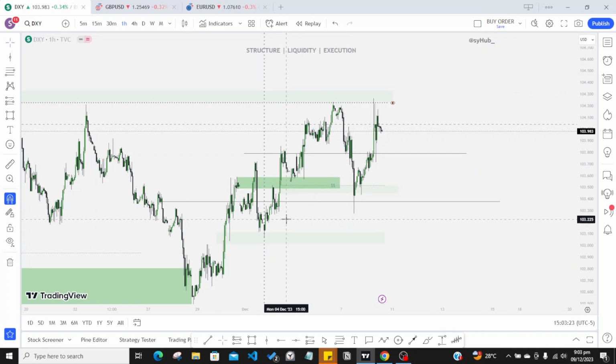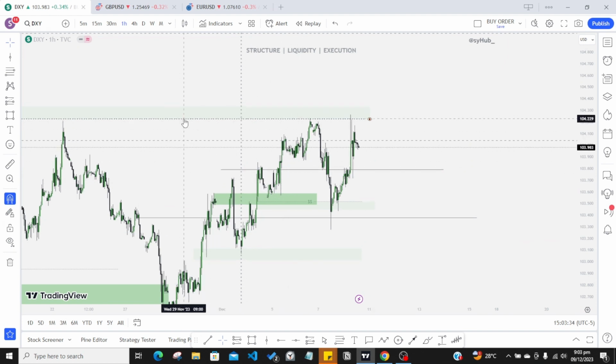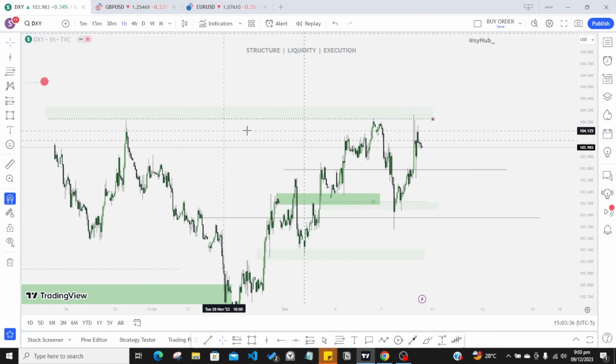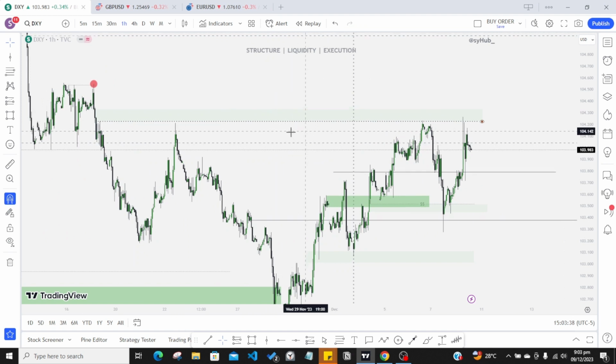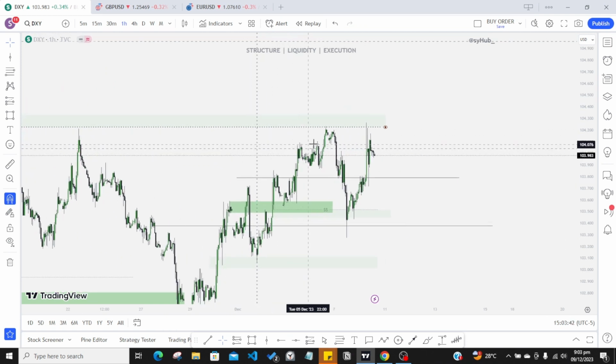So now we are seeing bullishness, and my second bias was, if price breaks this high, we are not expecting price to break this high, but if price breaks this high, we should see price fulfill this target. Go check out the video so you understand what I said there. So I said we should see price fulfill this target, which price did on Wednesday, and had a retracement because we had resting liquidity up here.